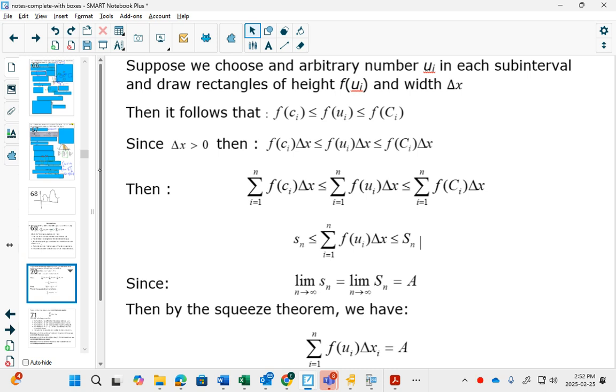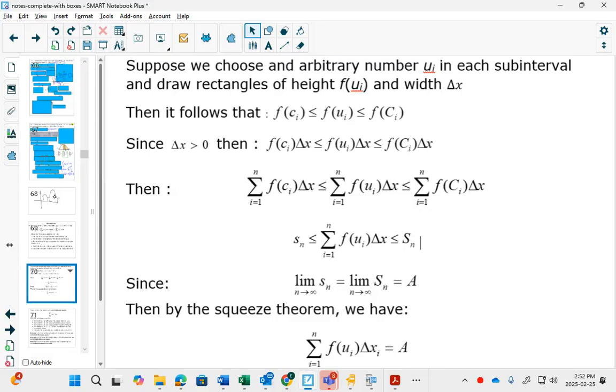We already know that if we did all the lower ones and took the limit as n goes to infinity, and we did all the upper ones and took the limit as n goes to infinity, both go to the area. Okay? So we already know that. But now we're picking some arbitrary number, a new height. And that new height is obviously bigger than the minimum, but smaller than the maximum in that space.